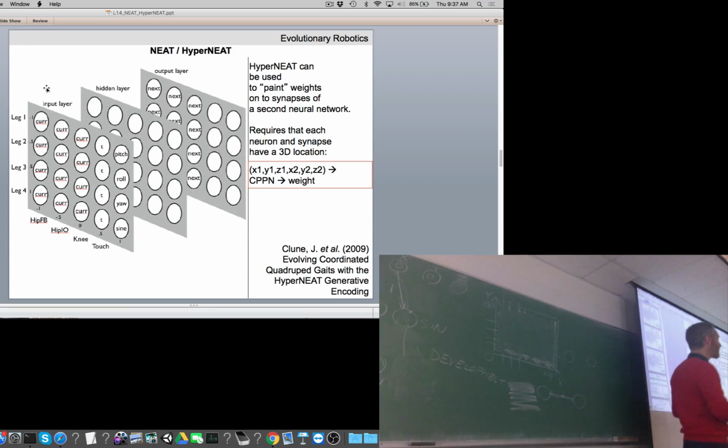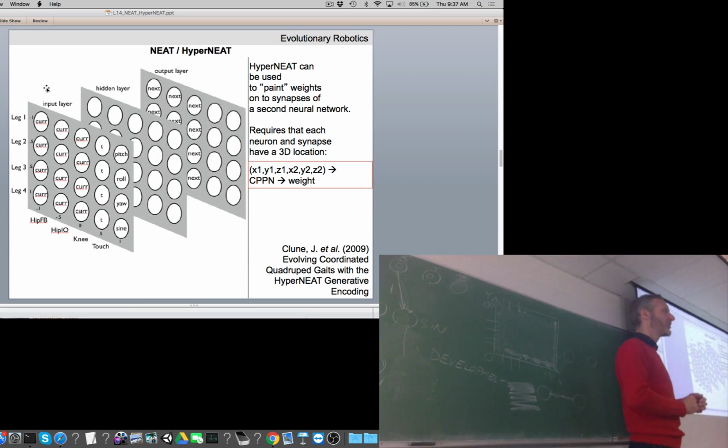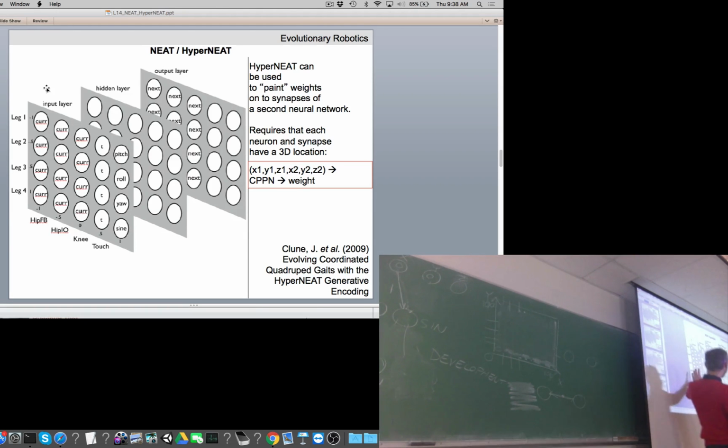The CPPN doesn't know anything about this lower dimensional neural network. All it knows is it's painting, as far as it knows, colors or something inside of a 6-dimensional hypercube. Luckily for us, we don't have to try and visualize that picture. We could just look at the synaptic weights.